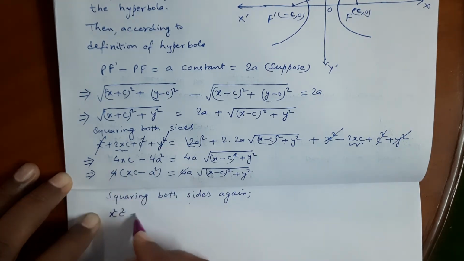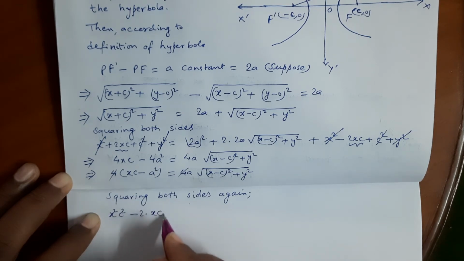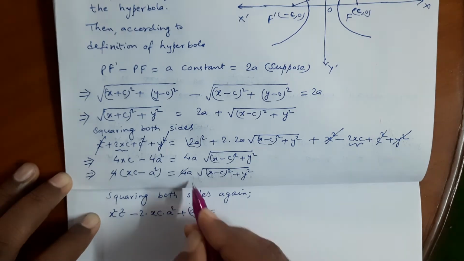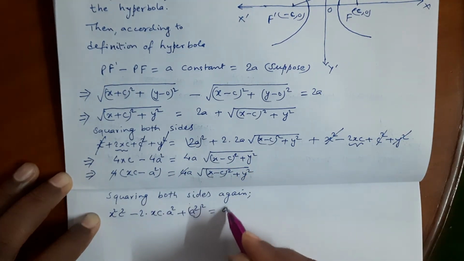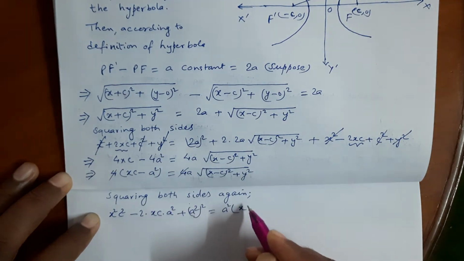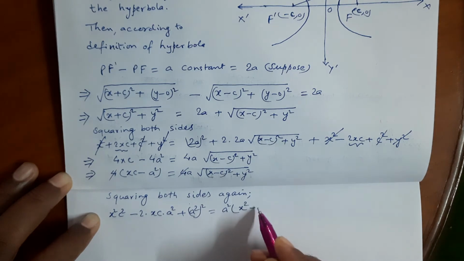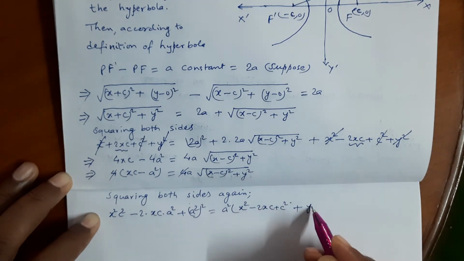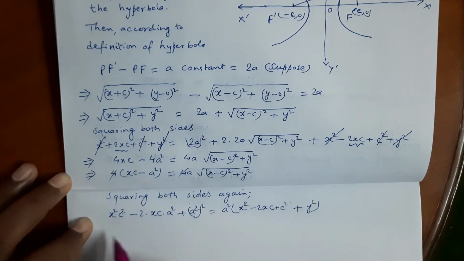A square minus 2ab, where a means xc and b means a square, plus b square, a square whole square, equals to, here also while squaring, it will be a square. This root will be removed, and here this x minus c whole square will be x square minus 2xc plus c square, plus at last we have y square.